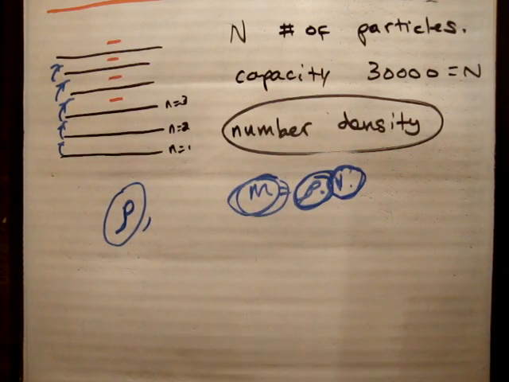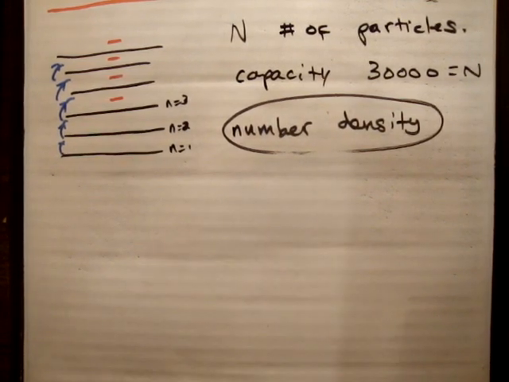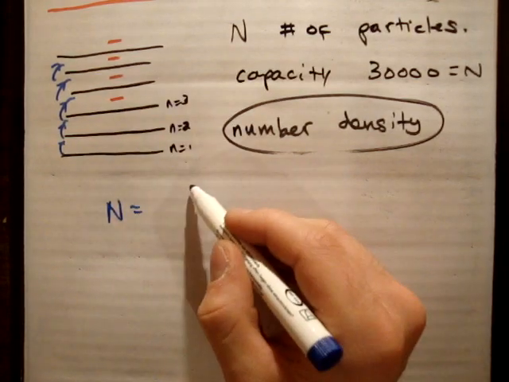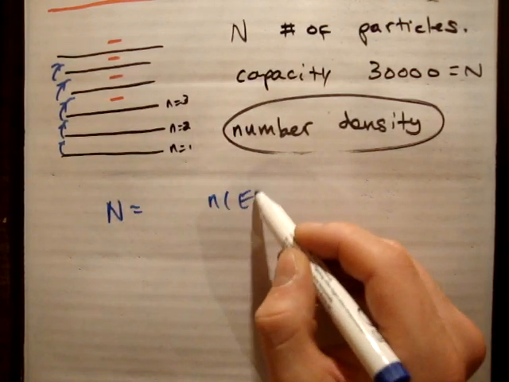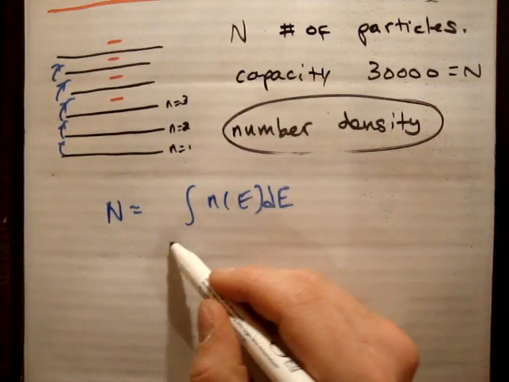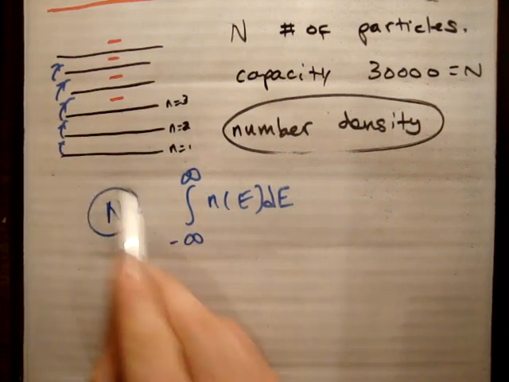So if we have our number density, if we integrate that, we should be able to get our number. So if we integrate the number density n of E times dE between negative infinity and positive infinity, you'll get the number.